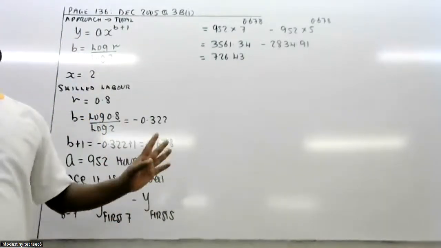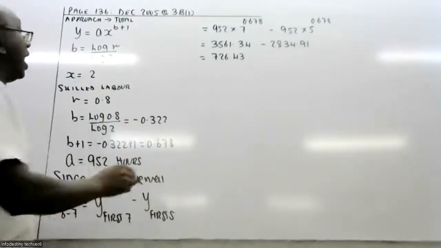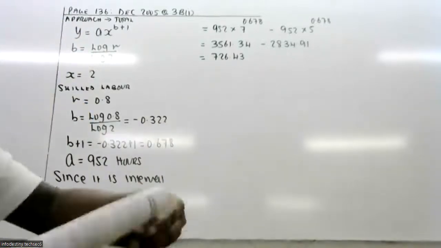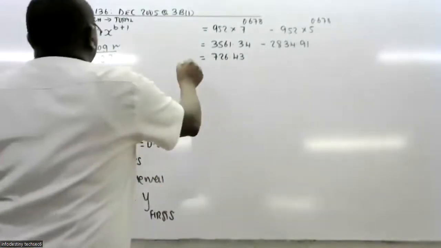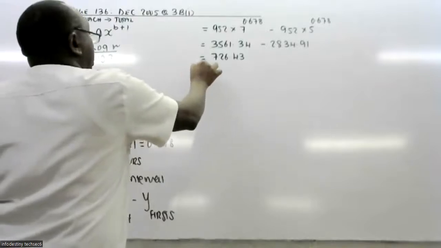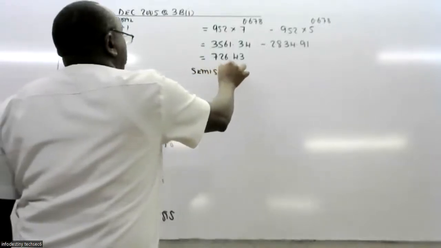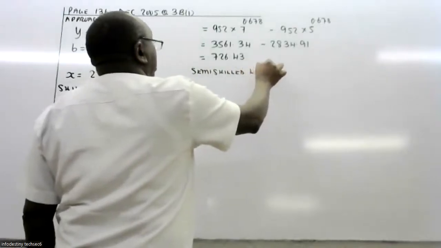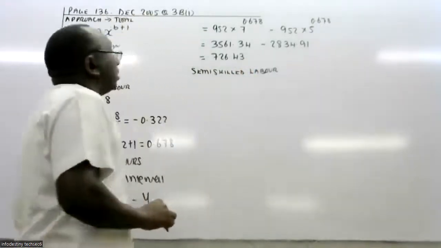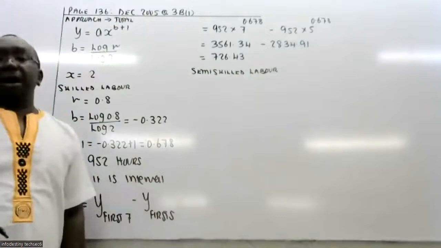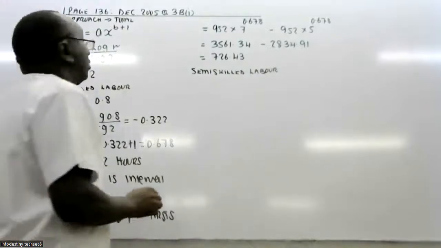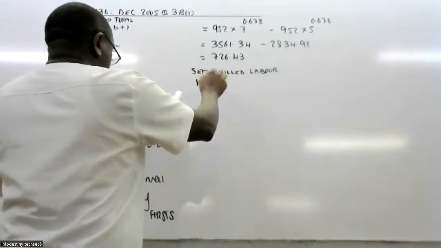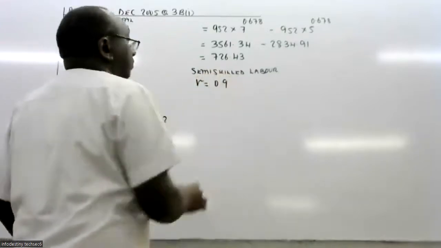Are we agreed? Okay, let's now come to unskilled labor. They are calling it semi-skilled there. So let's go to semi-skilled labor. In the semi-skilled labor, again we say R is 0.9.